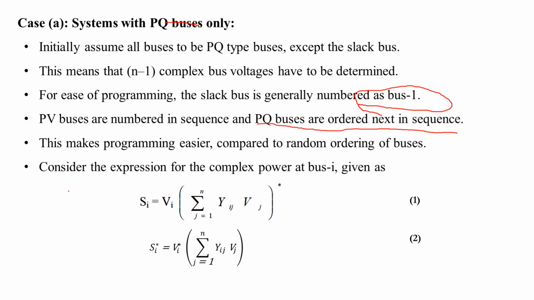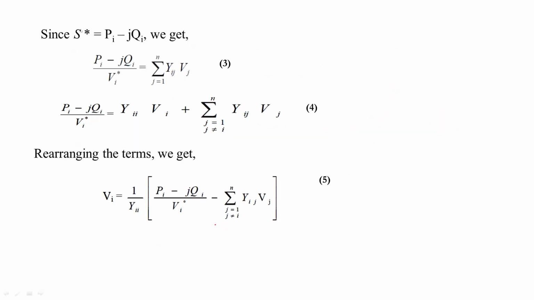These are the expressions to be considered for the complex power: S_i = V_i times summation of Y_ij V_j for j equal to 1 to N. These are equations 1 and 2, and we have to find them in rectangular or polar form. Generally S equals P minus jQ.